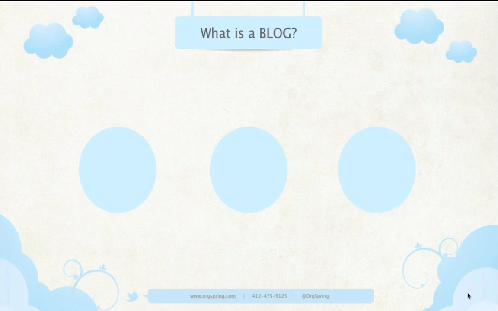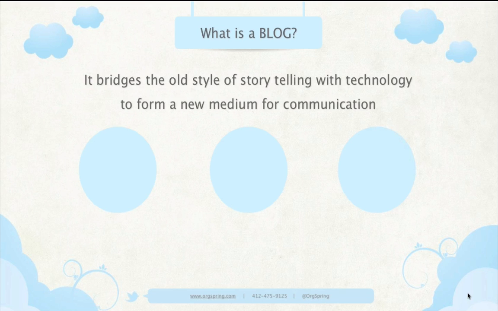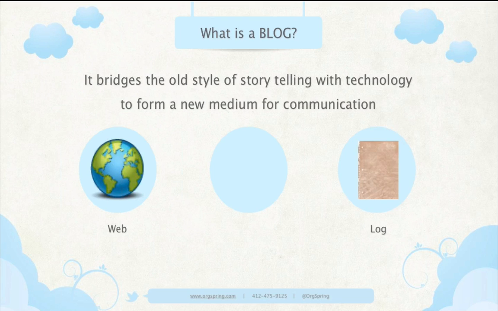So you may have heard of the term blog and where it comes from. So basically, it bridges the old style of storytelling with new technology. It comes from the terms web, which obviously is web or the internet, and log, which is a journal of sorts, which you would typically have on paper.